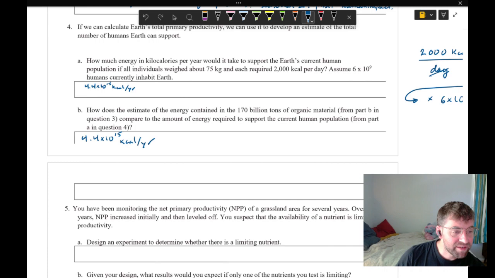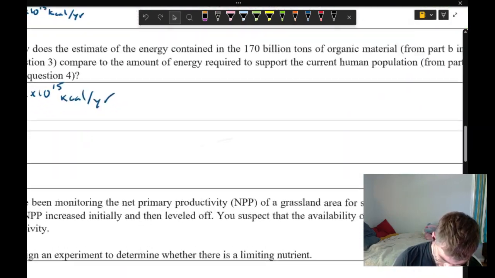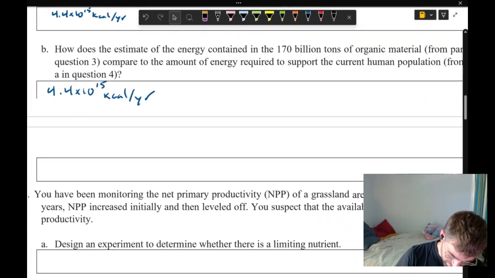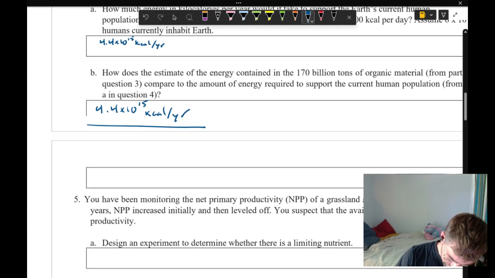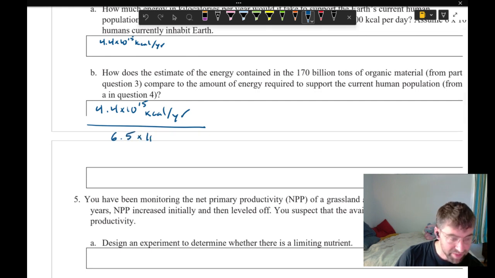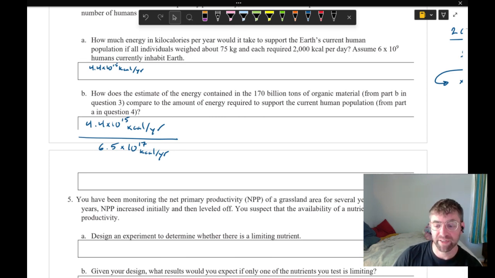And then, because we're missing a problem here and this worksheet hasn't been updated, you guys don't have this other number that would be really important, which is 6.5 times 10 to the 17 kcals per year. And this is the amount of energy contained in that 170 billion tons of organic material.